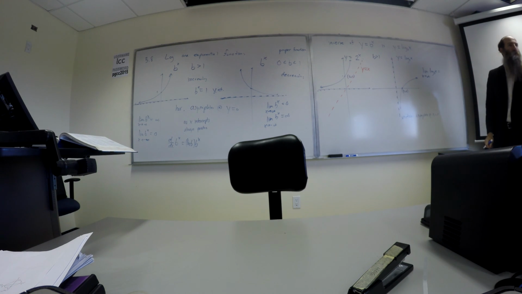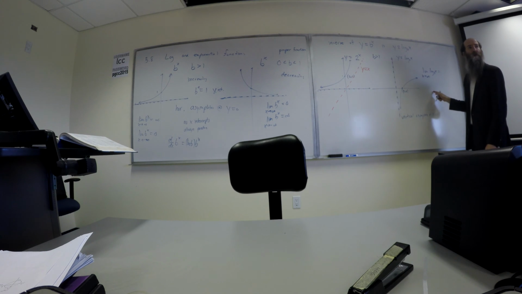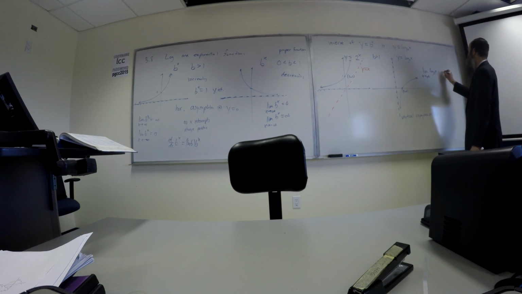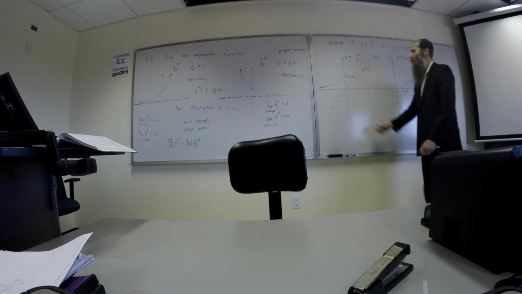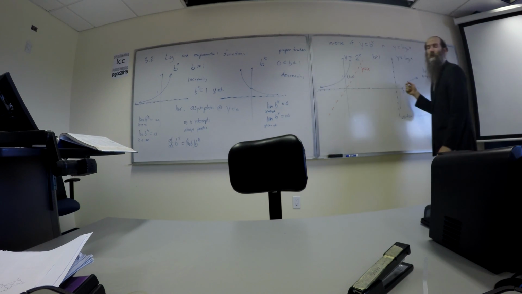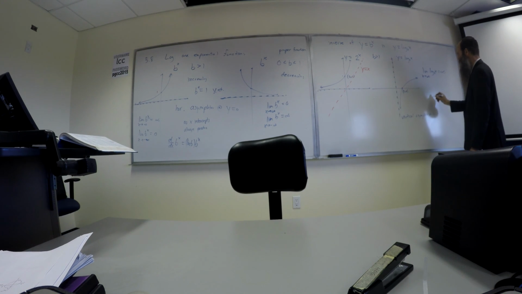What's the function heading towards as x gets further and further to the right? Infinity. Slowly. Extremely slowly. But it is heading towards infinity, as opposed to this one, which is going very quickly, right? Exponential is known for its very fast rate of change. The logarithm is known for its very slow rate of change. But it is an increasing function.